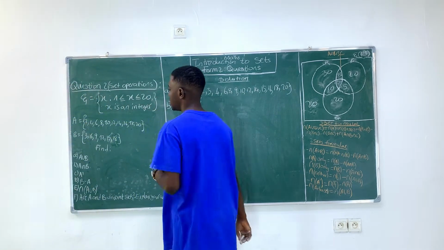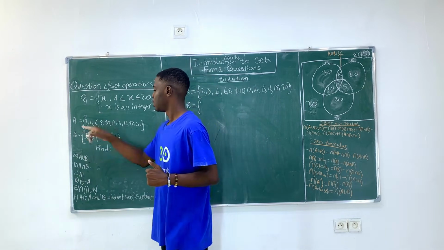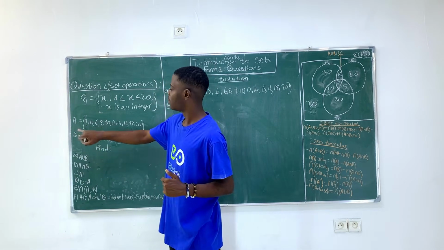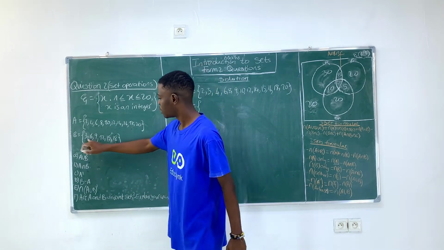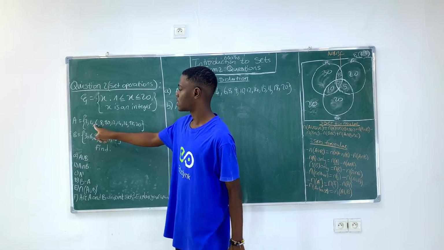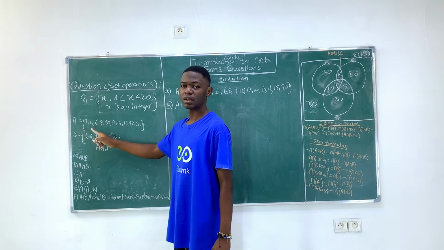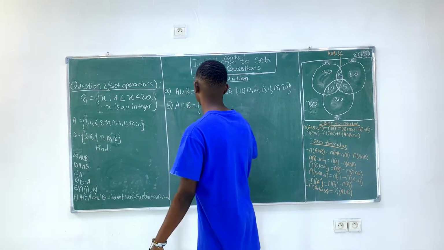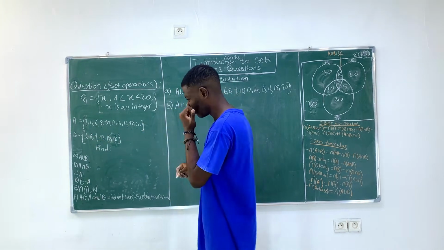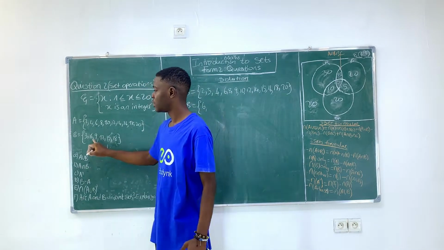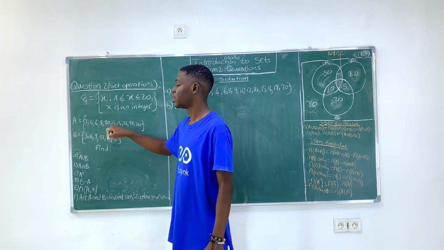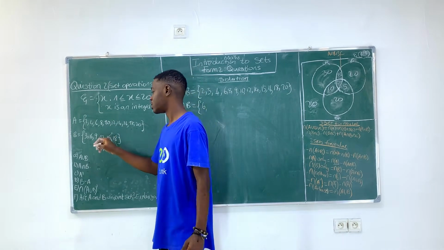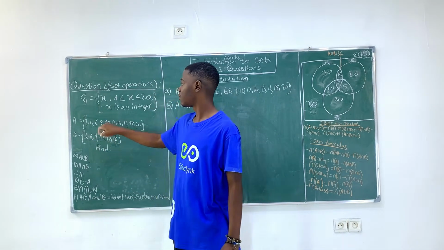So in this case, what is A intersection B? 3 is found in B. Is 3 found in A? No, I don't write it. 6 is found in B. Is 6 found in A? Yes. So 6 is found in B and A, so I write my 6. Next in B is 9. Is 9 in A? No, I don't write it. 12 is found in B. Is 12 in A?